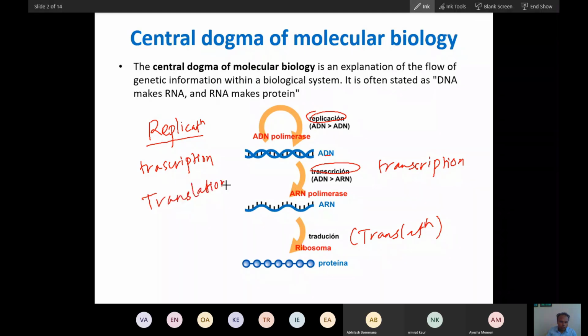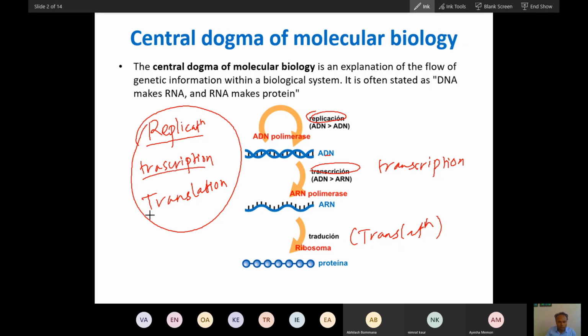These three are the guiding principle, the ruling principle of our body, of the living system. Through this system, our body is ruled. We divide, we survive. So this is called the central dogma. This is the core principle, the core rule of law. Dogma means rule of law.